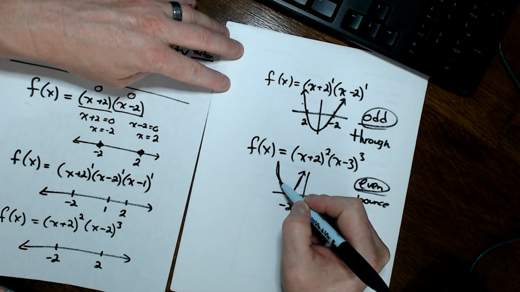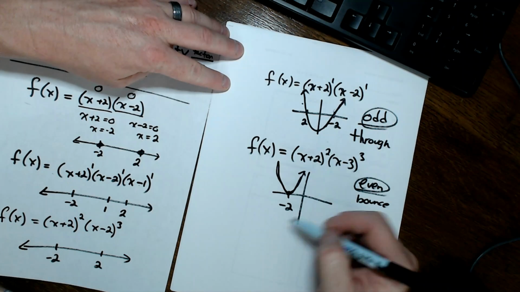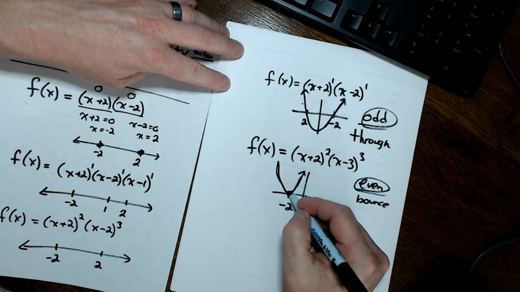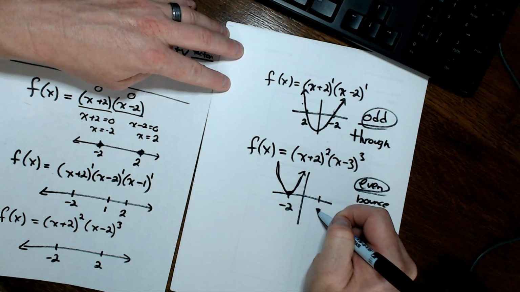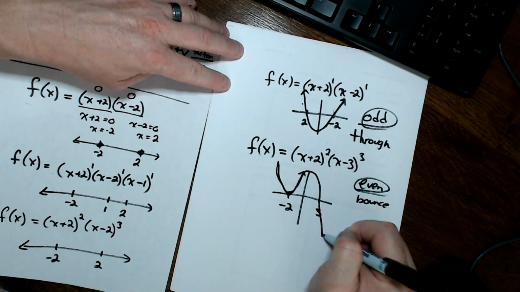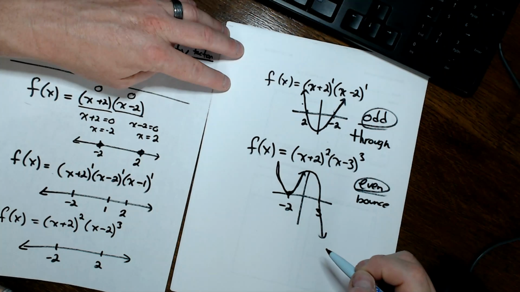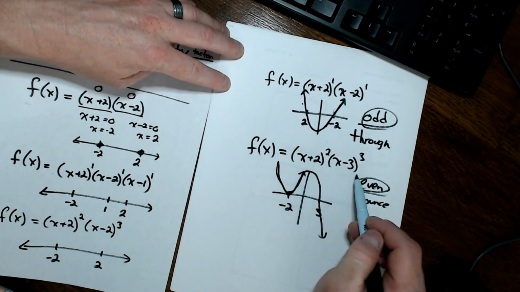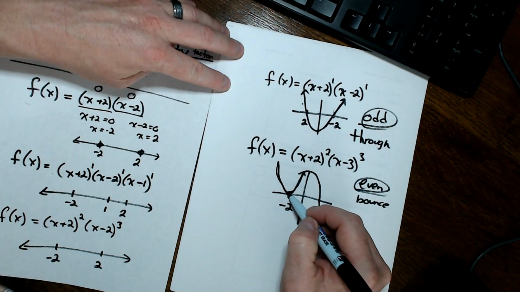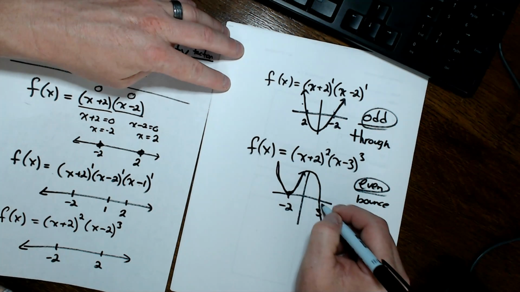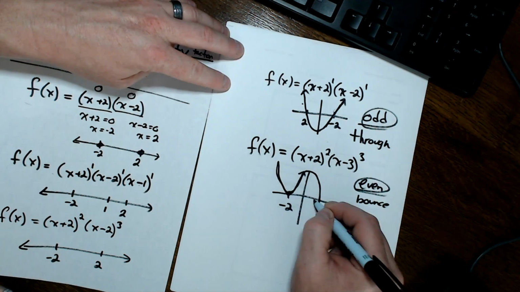So it's going to stay positive or stay negative on either side of that 0. Here I have my odd multiplicity, so I know it's going to come back down and go through this. We know that when it's all factored out, it will only cross the x-axis or touch the x-axis at these 2 points, here and here.